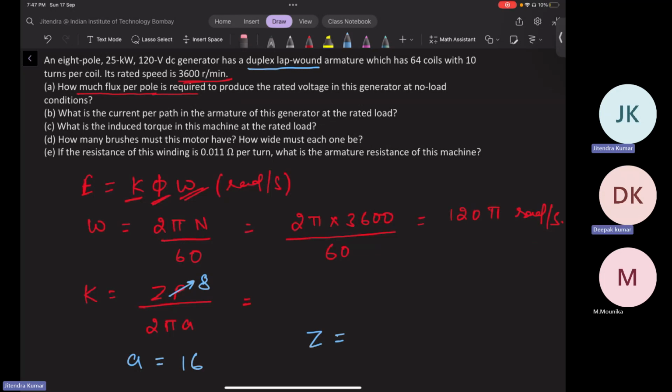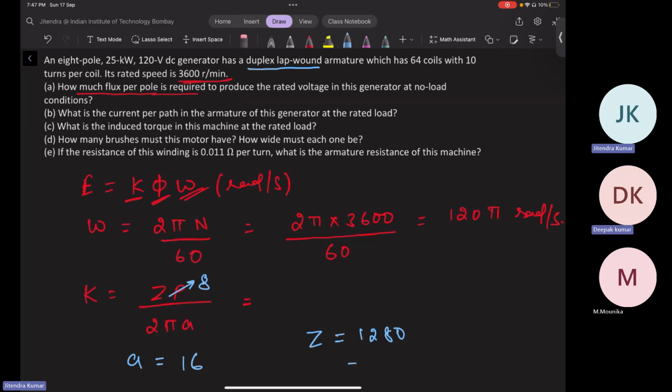1280, you are saying. Why? How? Sir, because the armature contains 64 coils and each coil with 10 turns. So 640, right? Yes, sir. And we know that each coil contains two conductors, two coil sides.